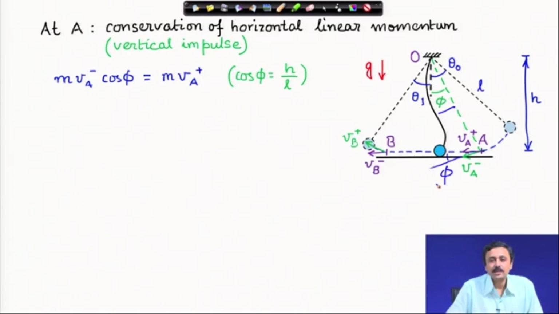Therefore, mass times V a minus cos phi is equal to mass times velocity of a just after the impulse, because after the impulse it is horizontal only. V a plus is horizontal, and I can calculate cos phi as h over L, straightforward geometry.